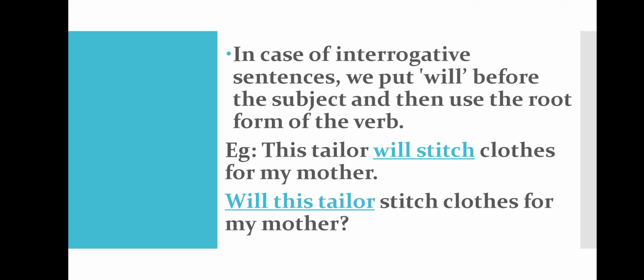That means we are talking about the tailor. The sentence is about the tailor. So tailor is the subject. We started the sentence with will, then the subject, and then the verb. In the sentence, stitch is the verb, and then the rest of the sentence. Will this tailor stitch clothes for my mother? Question mark.